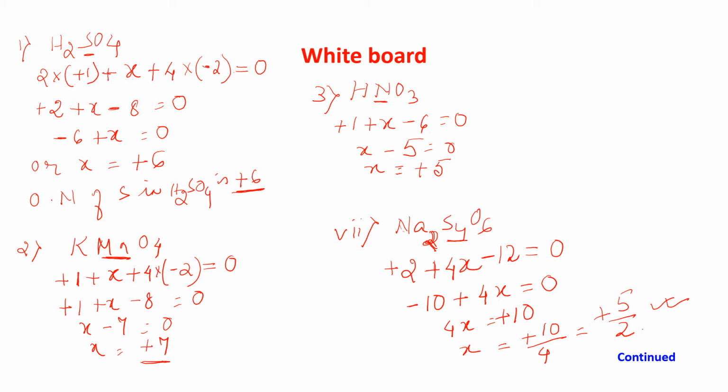Oxidation number can come in fraction, don't worry, it can be a fractional number also. And the rest of the questions given here, I'm giving you as homework. Please try to do those questions. Find out the oxidation number of the underlined element.